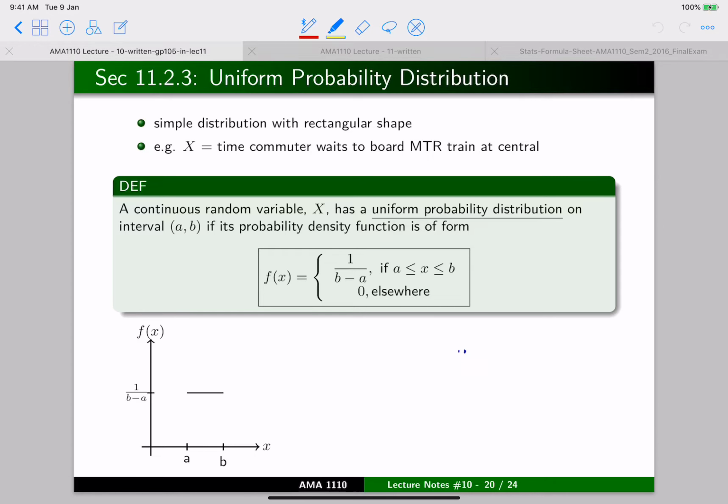Now let's look at a common continuous random variable distribution called the uniform probability distribution. An example is the time it takes for you to board an MTR train. The probability density function here is a simple rectangular shape.